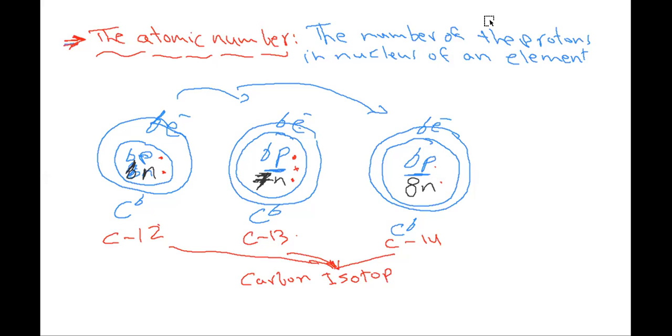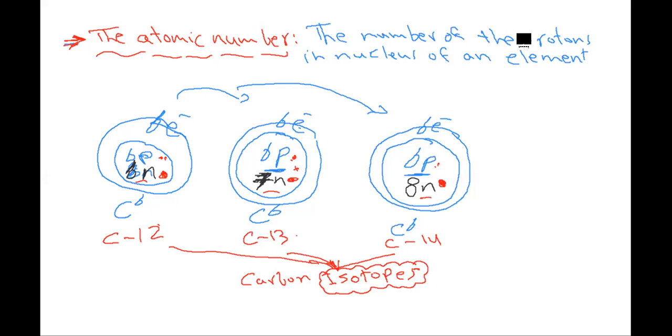Isotopes. What is the meaning of the word isotopes? This means the different forms of an element. Isotopes means atoms of the same element that have the same number of protons, but they differ in the number of neutrons.